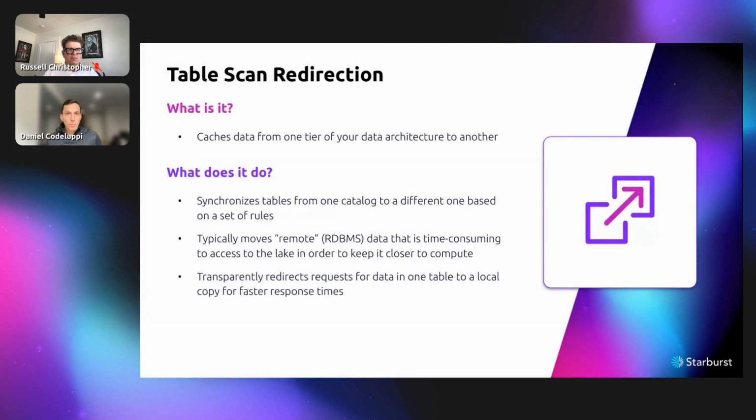All right, along the same theme, we're talking about performance improvements. We have table scan redirection, which is a performance feature that materializes data from one tier of your architecture closer to compute for easier access. In other words, when a query is run, I might try to hit one external table, and we might have a materialized version in the lake closer to compute that it will actually redirect my query to for faster and more cost-effective access.